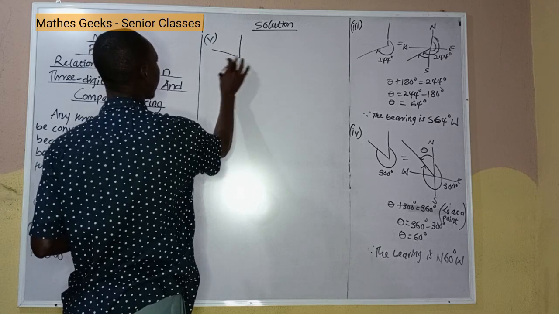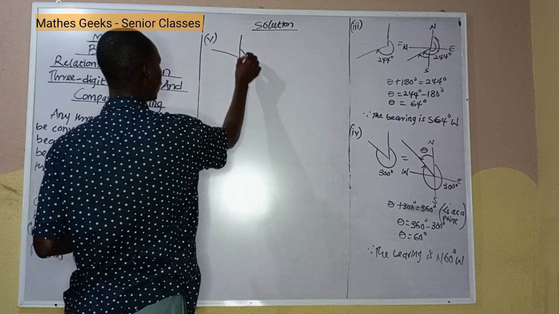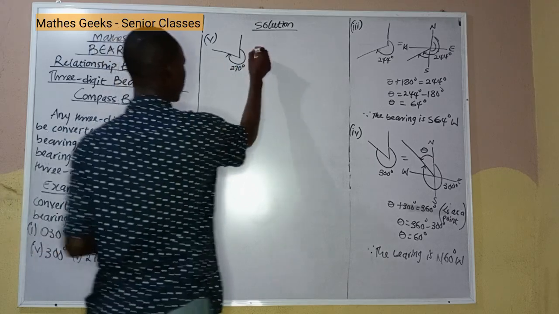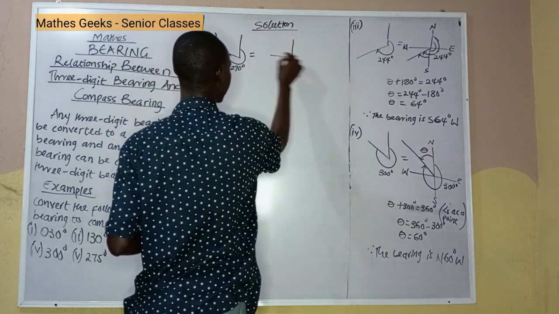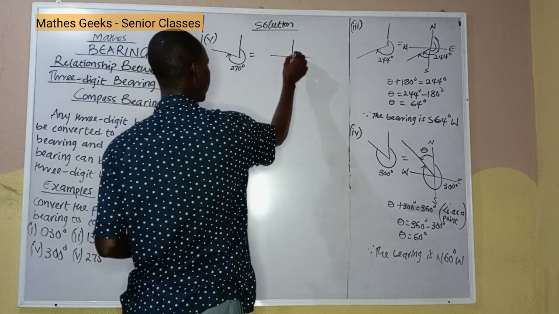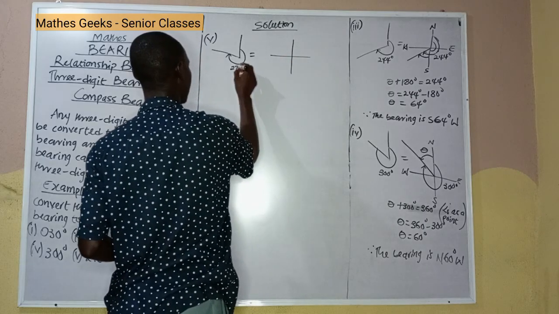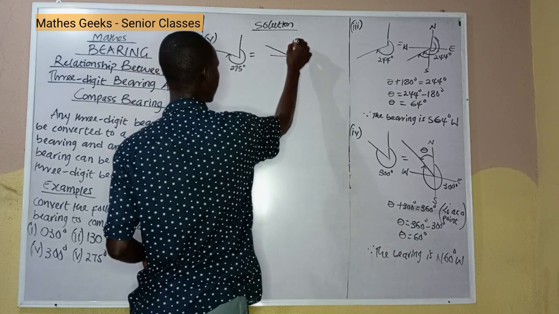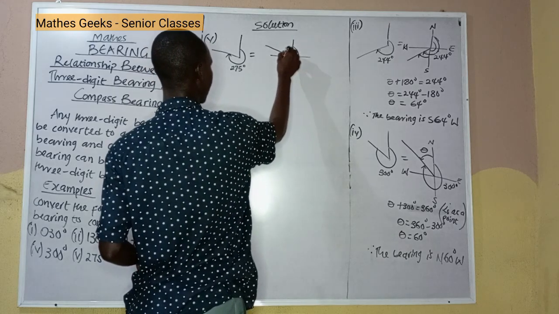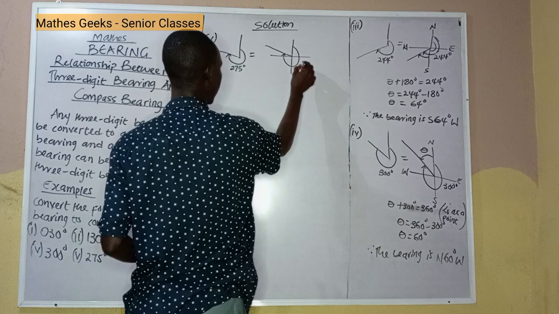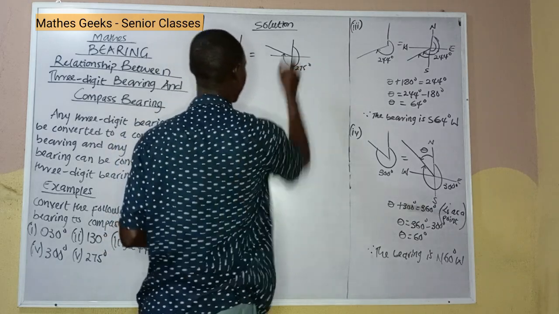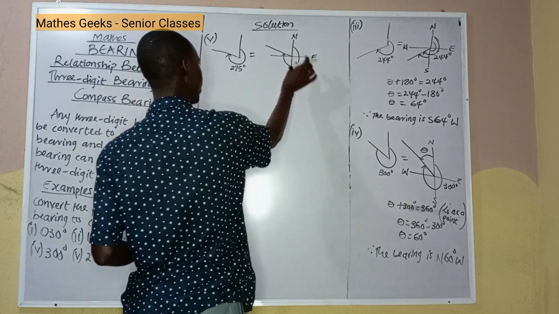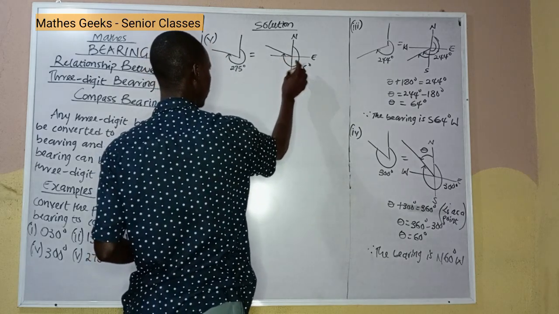So from the north to this line would give us 270 degrees, and 275 rather is like this. So from the north to this line is 275 degrees. So this is still the 3-digit bearing, using the cardinal points or the compass.